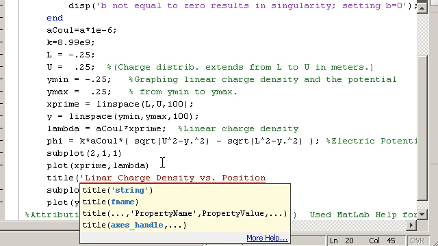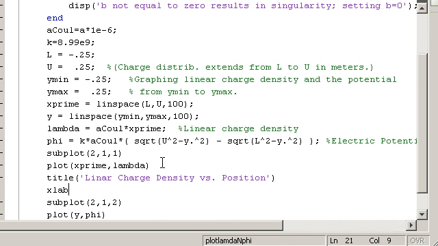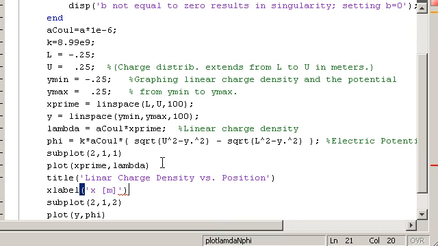And then X label. I'm going to call it X and square brackets for units, so it doesn't look like a function X of something. You might think that's X as a function of mass if you put parentheses. And then Y label.